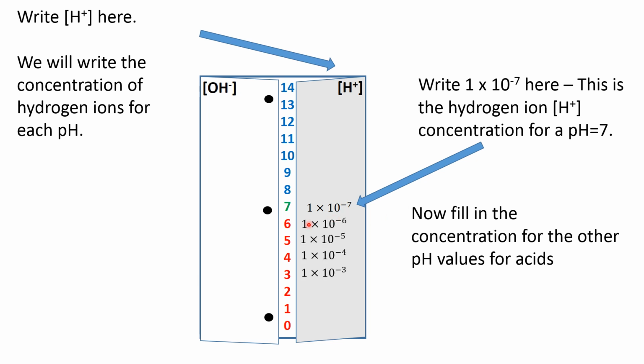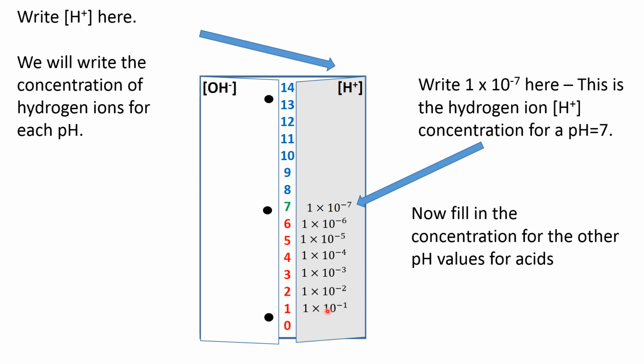As you can see, as I move down the line of acidity towards 0, the concentration becomes higher and higher. 1 times 10 to the negative 1, that's 0.1. Whereas this up here, 7, is 0.0000001, so it's a very small number.